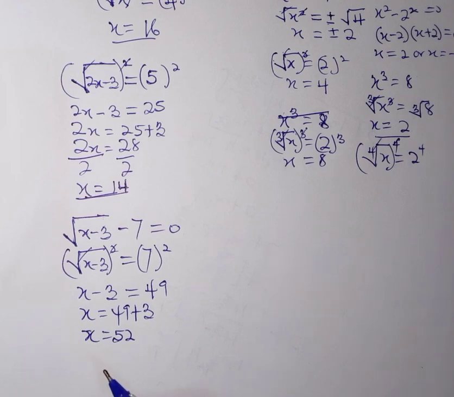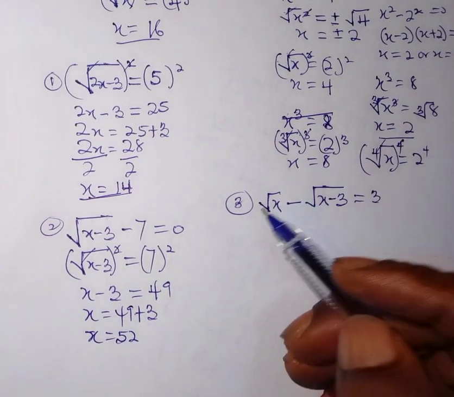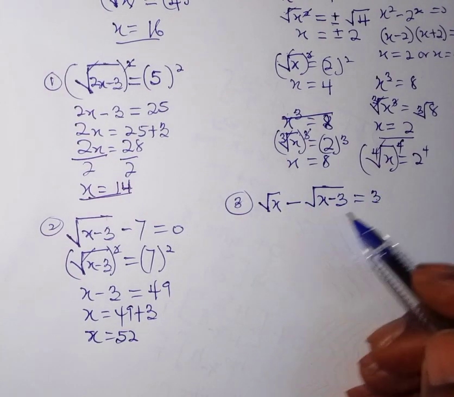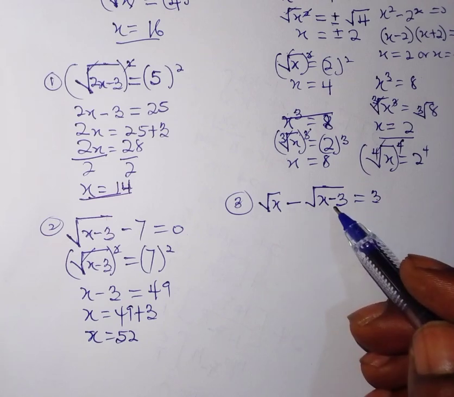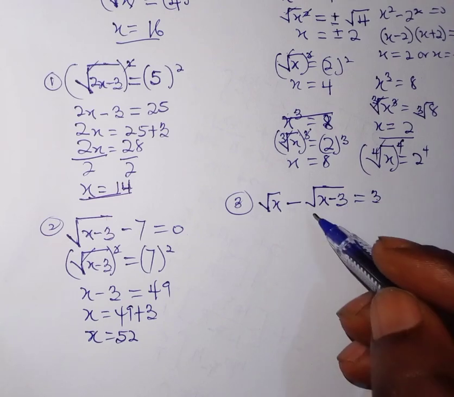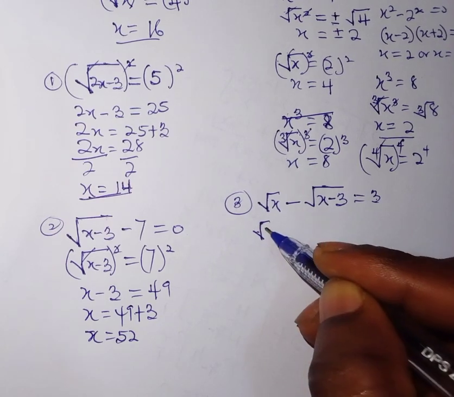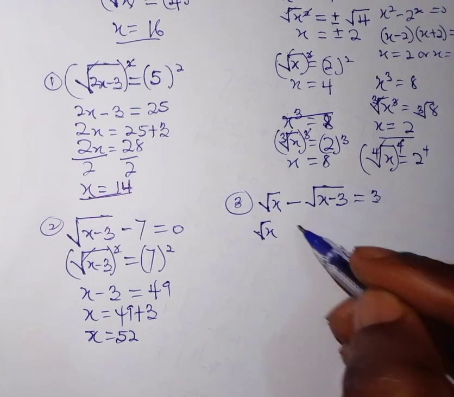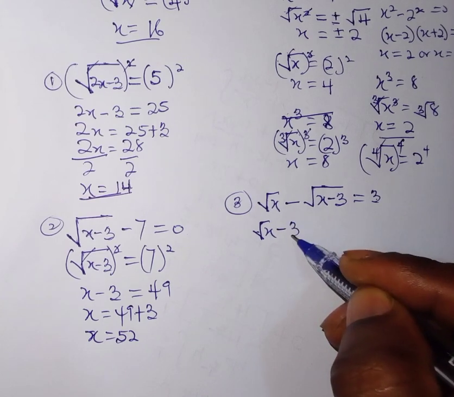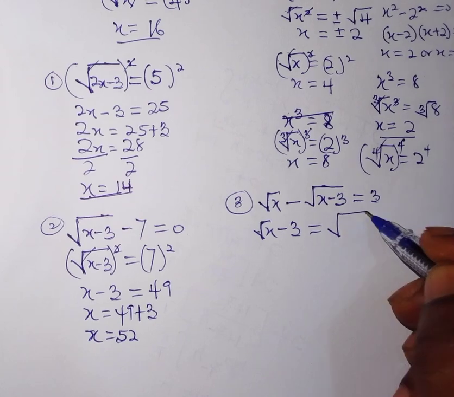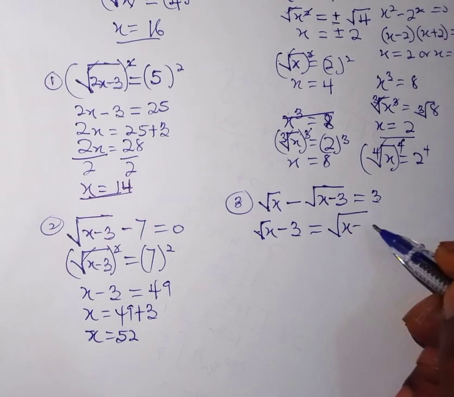Alright, good. Now let's take this example as well. For this one, we can also find the value of x by grouping like terms. So I can group like terms by maintaining this here, and then bring my 3 here to make negative 3, and send this here, so that I can have x minus 3.